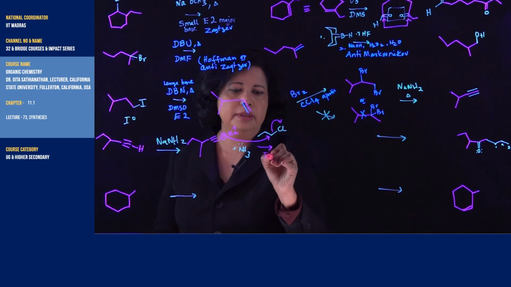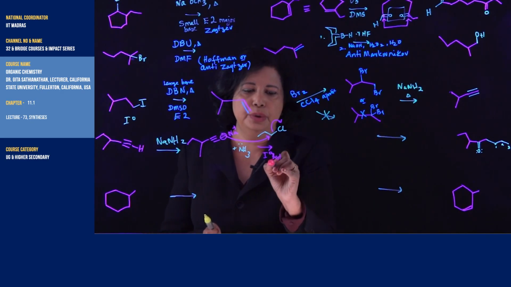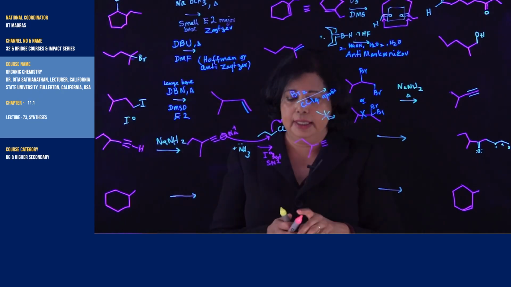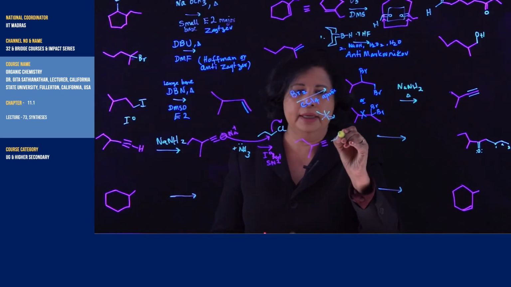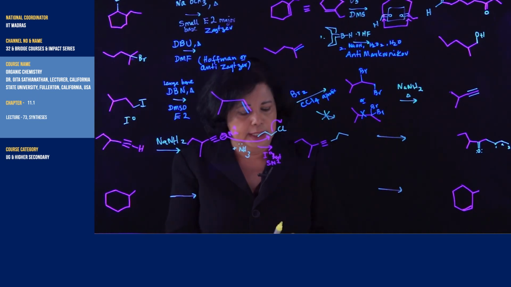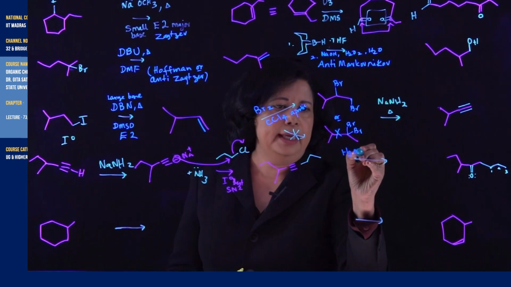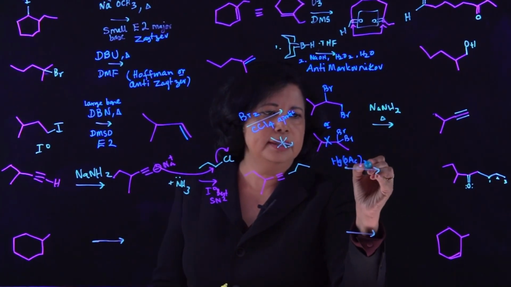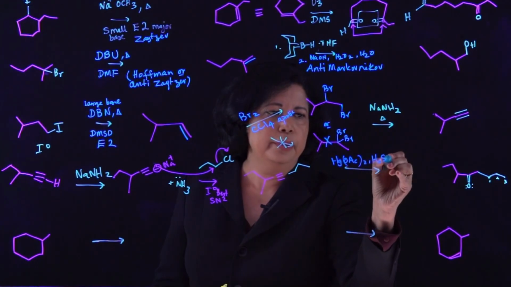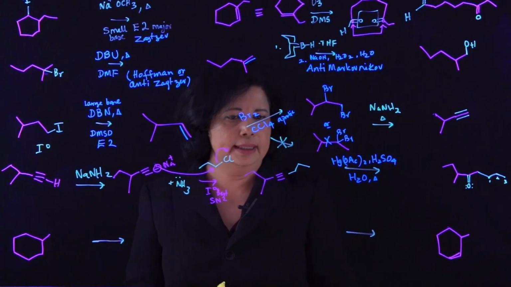This is perfect because it's primary. So that's the best choice for SN2. So you're going to get your propyl group now hanging on to that alkyne. Now you can do hydrolysis, and you do AgOAc, H2SO4 aqueous, and you probably heat that up.